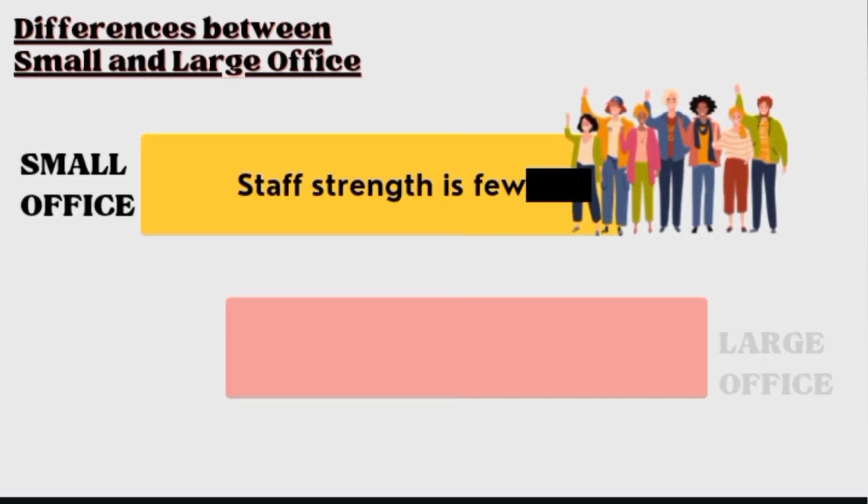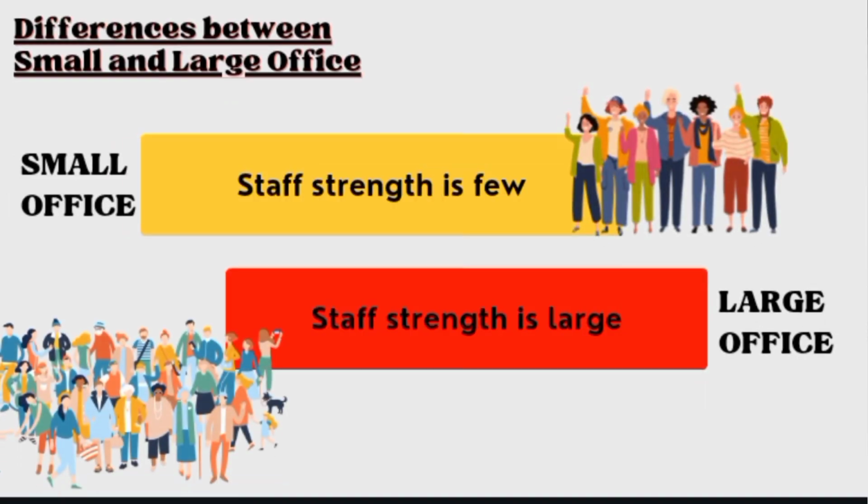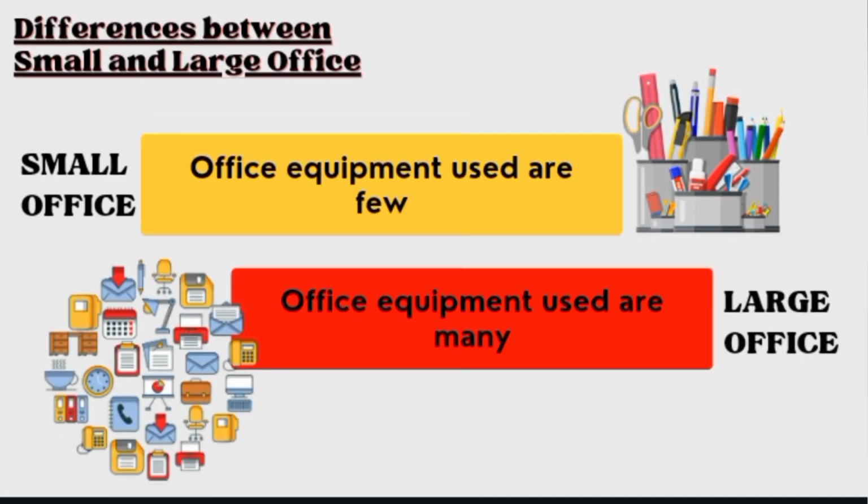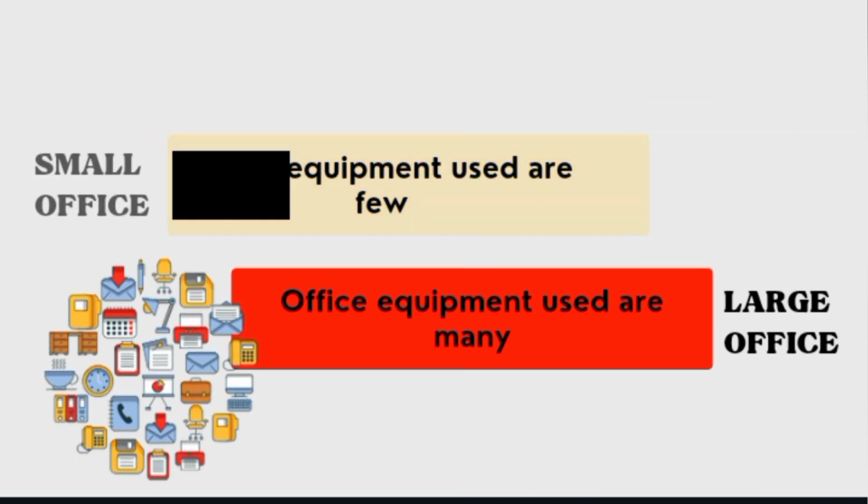In a small office, staff strength is few, but in a large office, staff strength is large. Two, office equipment used are few in a small office, while in a large office, equipment are many.